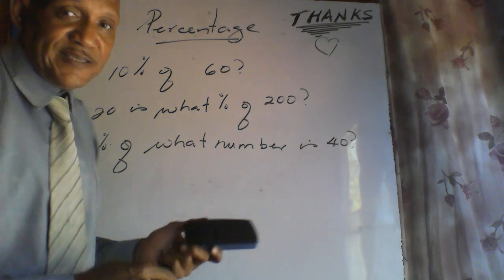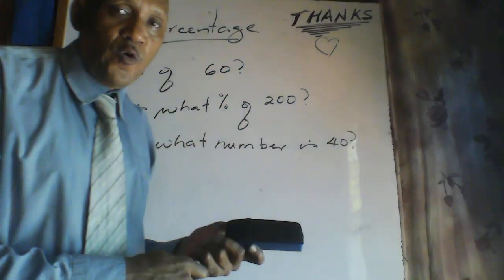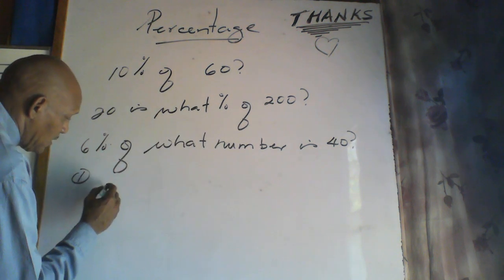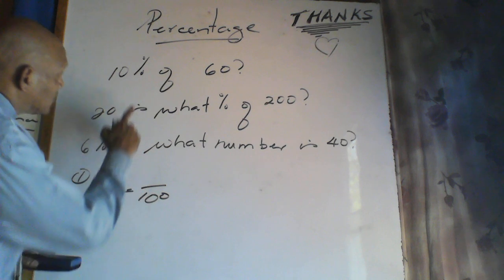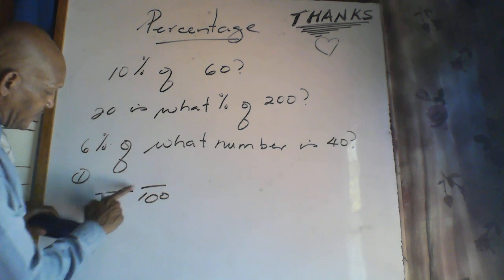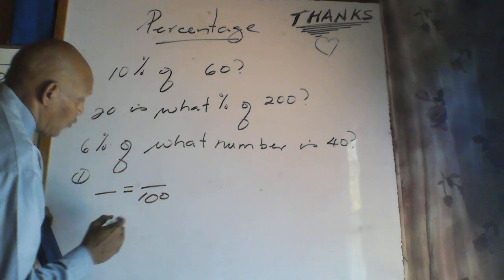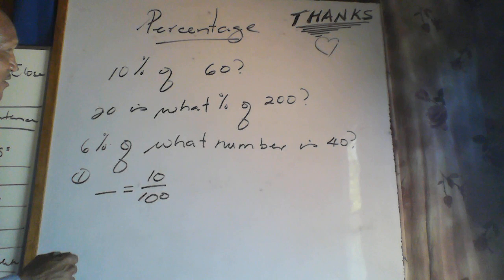So how do I set these up? Remember, part over the whole is equal to percent over 100. I'm going to set each one up. The first one, part over the whole is equal to percent over 100. Did they give me a percent? Yes. What is the percent? 10. And what's the whole?